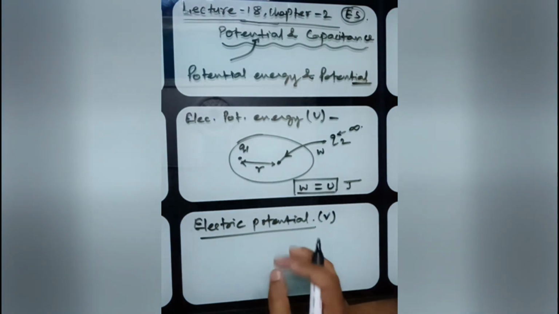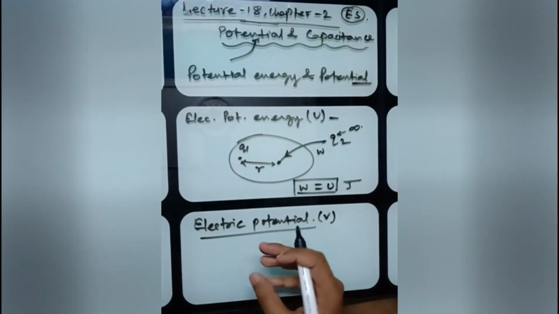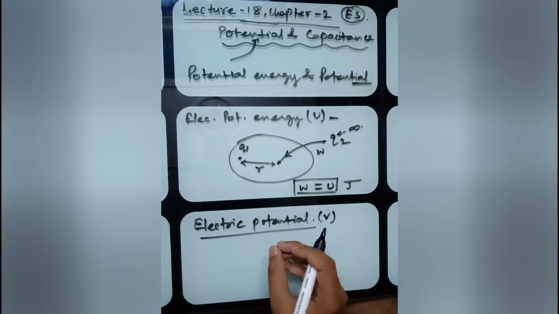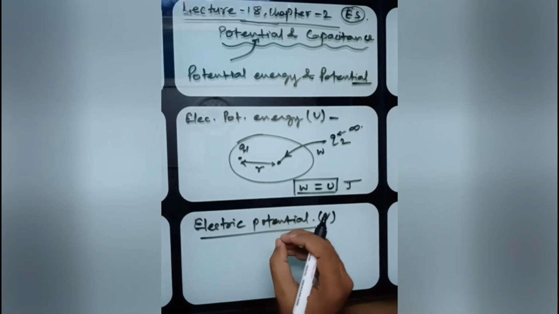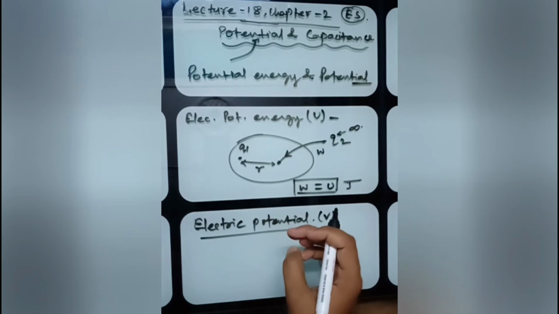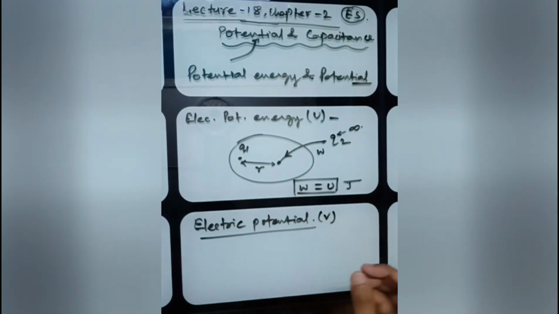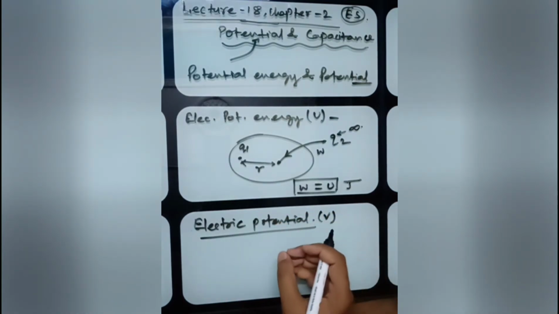Again I'm telling you, if you want, you can write: work done by an external force in bringing a unit positive charge from infinity to a particular point. This is the electric potential.